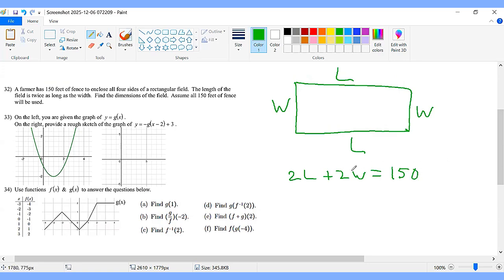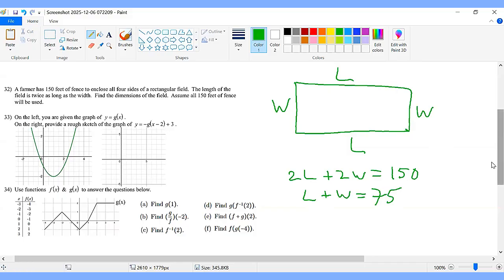So this is an equation, and right away I noticed that I can make it look simpler. We can divide everything by 2 to simplify. That would say that 1 length plus 1 width equals 75. That makes sense because the length and the width is halfway around, and halfway to 150 is 75.